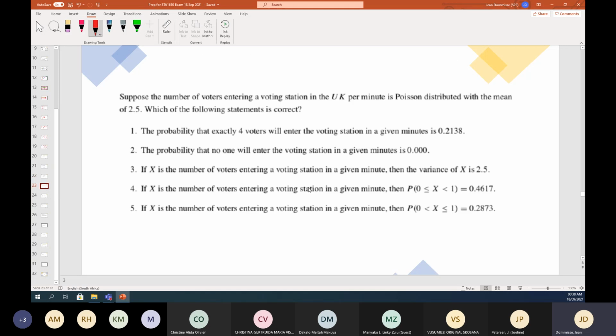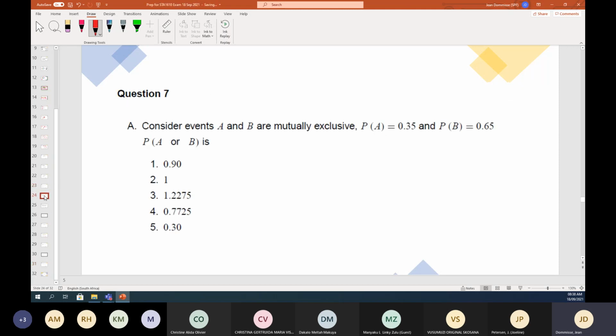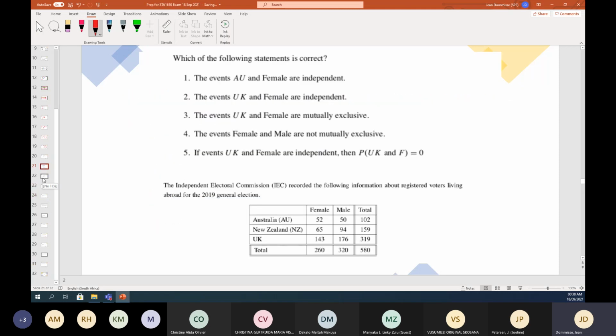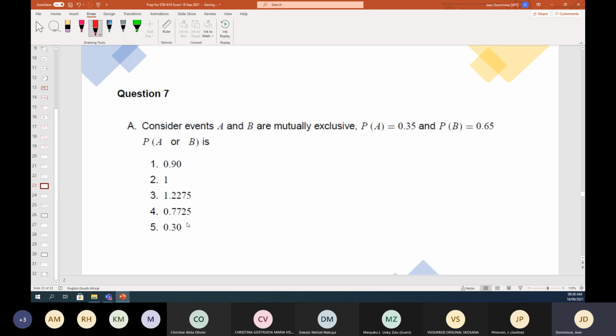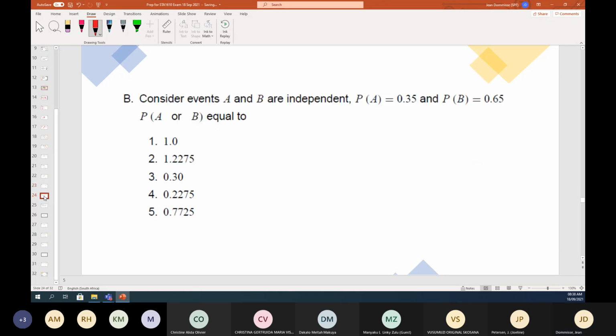Then this one was Poisson. So they can ask you the ones with the tables. Then they can give you just the one probability and the other probability, and you need to work out this.